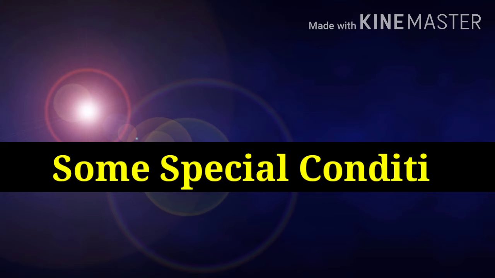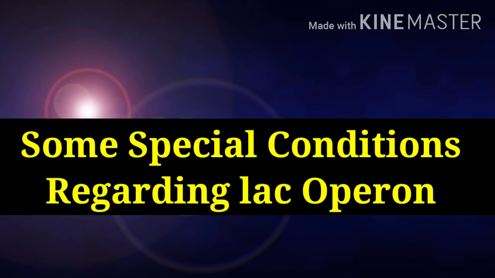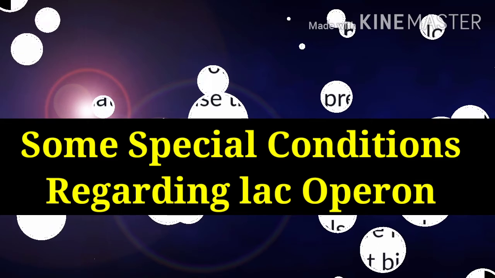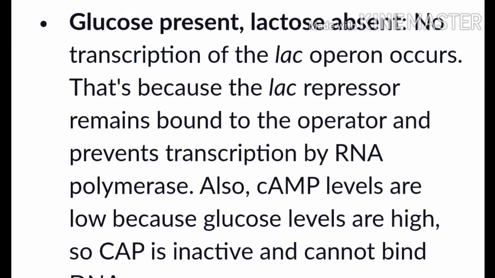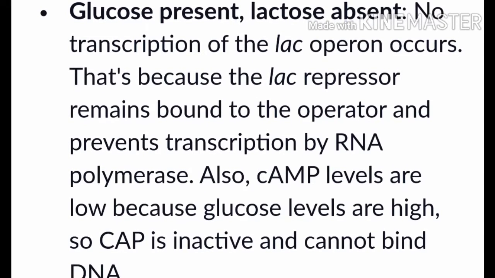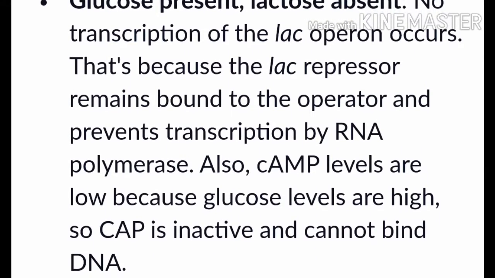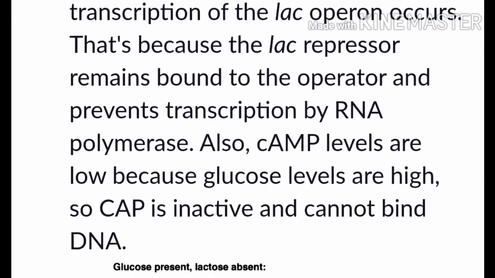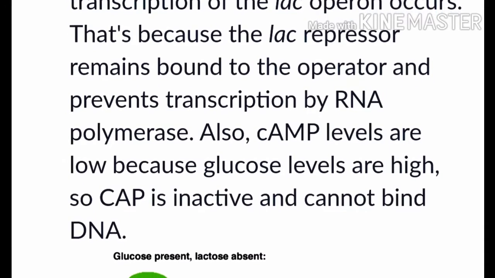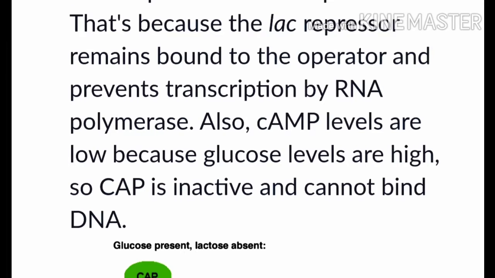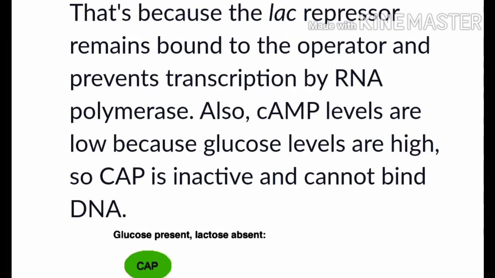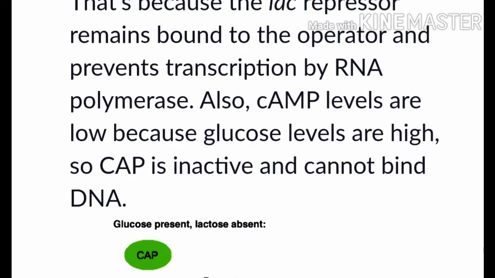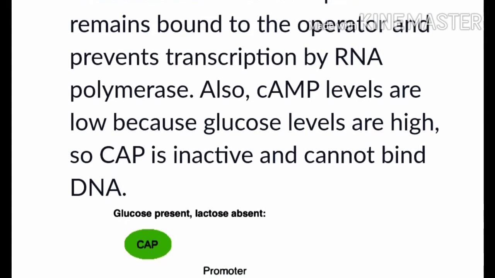Now let's talk about some special conditions regarding the Lac Operon, or how glucose and lactose control the operon system. So now let's start. First condition, when glucose is present and lactose is absent, no transcription of the Lac Operon occurs because the Lac repressor remains bound to the operator and prevents transcription by RNA polymerase.